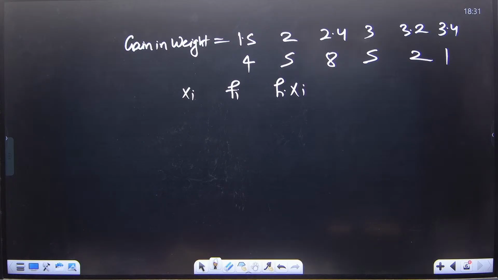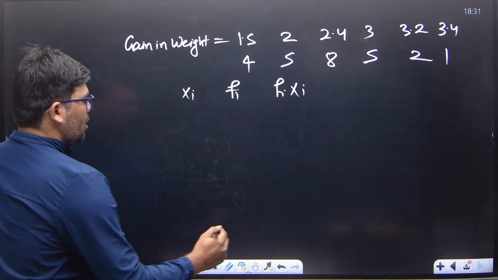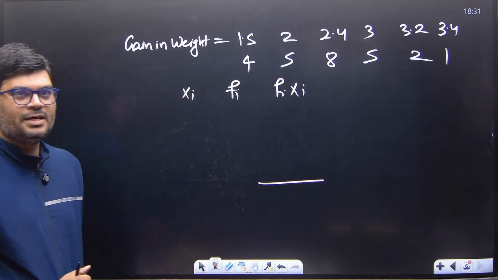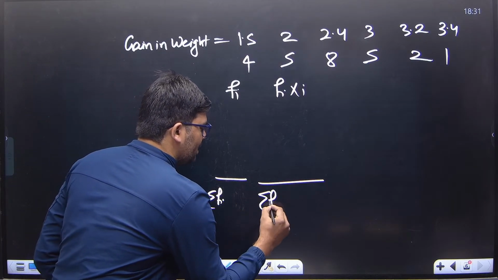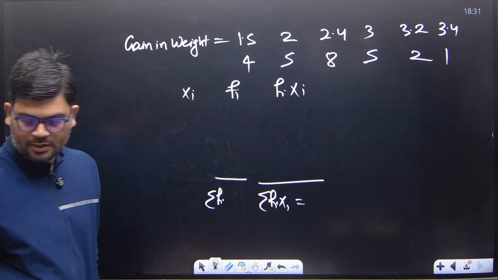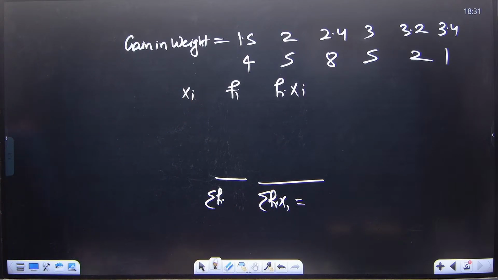Done. Yes. So now you need to add this. What is fi xi? Add this, and what is fi? Sigma fi. Write sigma fi xi. Add this quickly. Done. How much did you get?